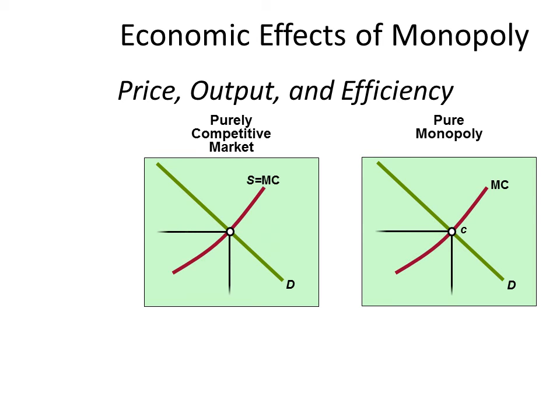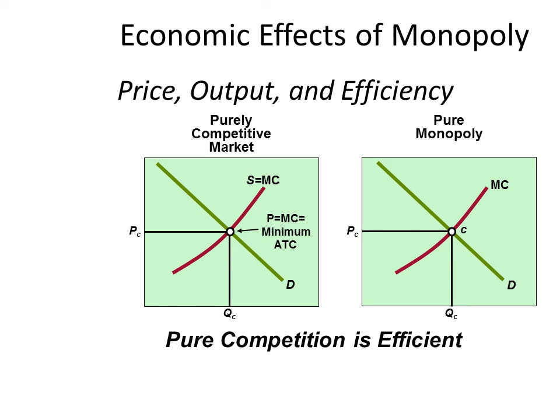We introduced the idea of economic efficiency earlier in the video, but we will revisit and explain economic efficiency in a purely competitive market situation to compare and contrast what happens when there is one firm dominating the industry in a pure monopoly. On the left-hand side, we have a graph which represents a purely competitive market. Let's revisit why economists believe a purely competitive market leads to an efficient outcome.